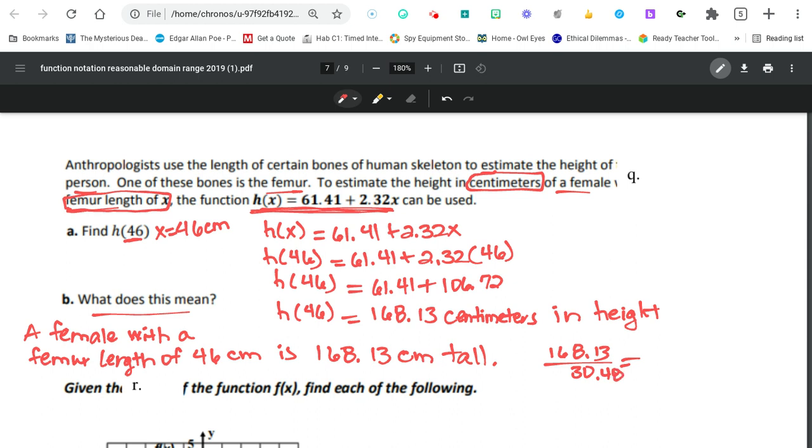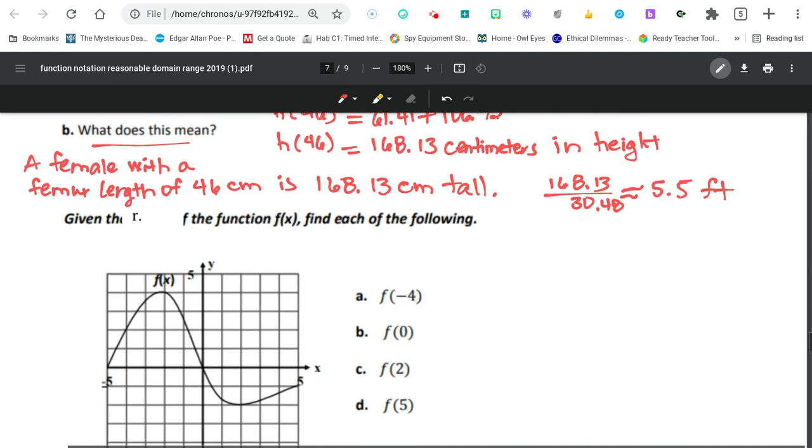Okay, I get a better estimation if I use the decimal. So let's see, 168.13 divided by 30 and 48 hundredths. 5.5. 5.5 feet, approximately. I round it, guys. Approximately 5.5 feet tall.